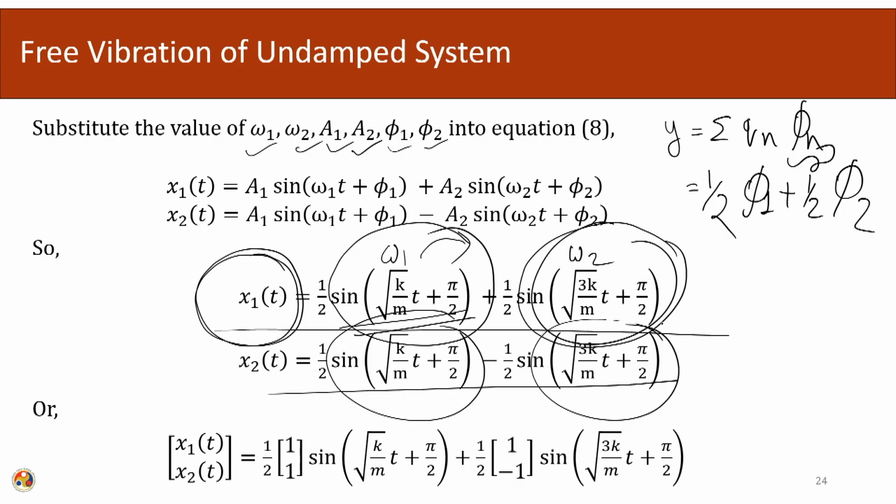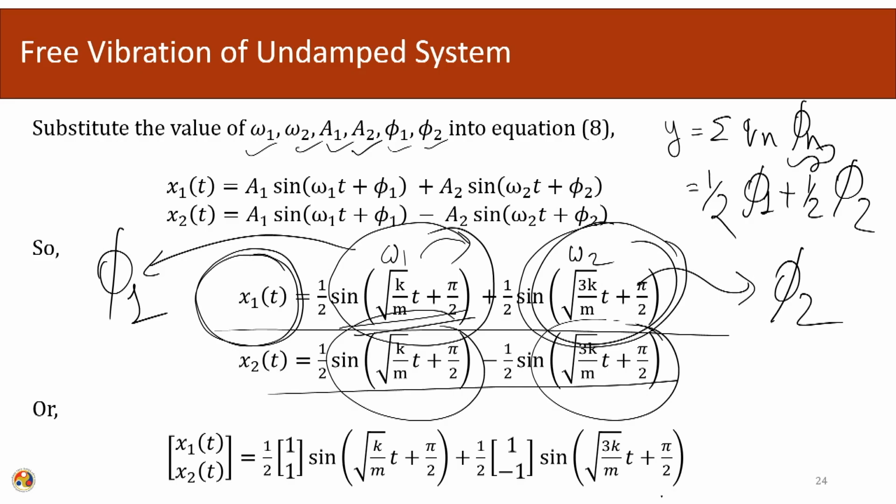This entire thing we can write down as phi 1 and this entire thing is my phi 2. And phi 1 and phi 2 are a sine approximation. So, omega 1 was for the first mode shape and omega 2 was for the second mode shape. And the values of q1 and q2 are given by half.